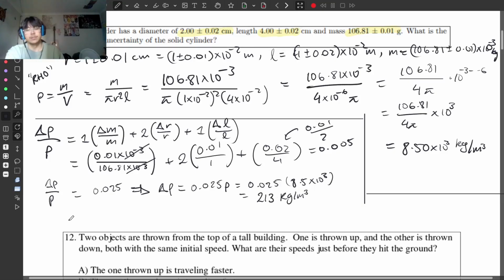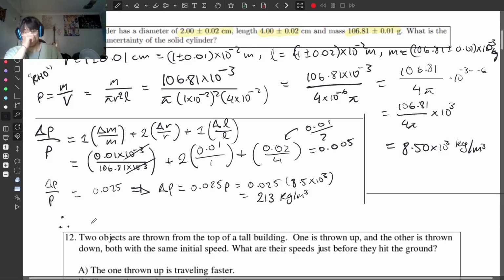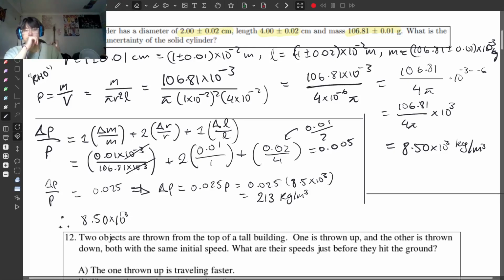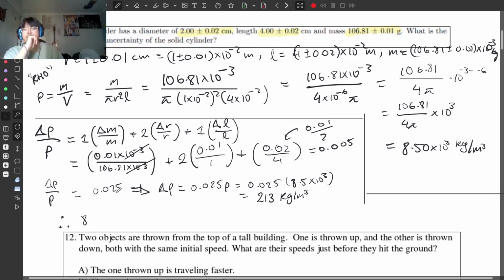So then our final answer will be 8.50 times 10 to the 3. But we want this to be 10 to the 2 maybe. So we'll rewrite this like this.